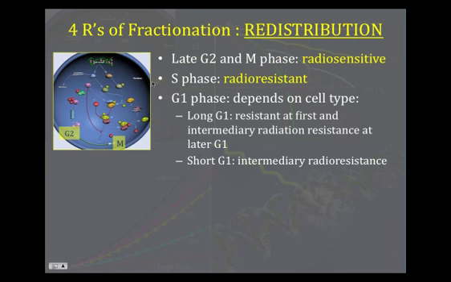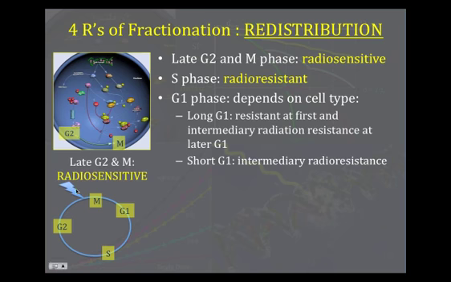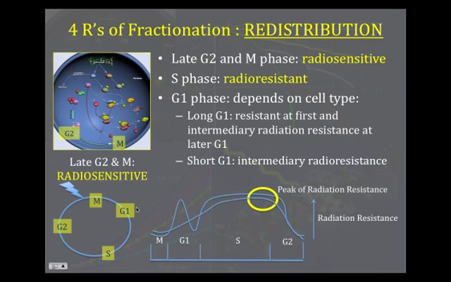The most radiation sensitive cells are within the late G2 and mitosis phase. That's what we are seeing here. That's when ideally you want all the cells to be when you deliver radiation. And the most radiation resistant portion of the cell cycle is the S phase.